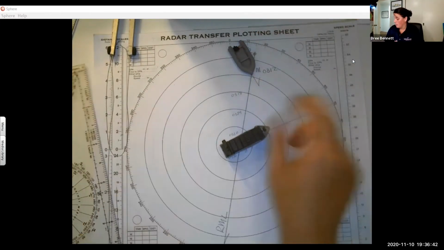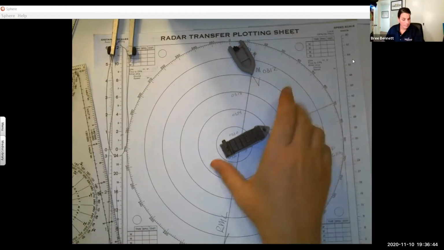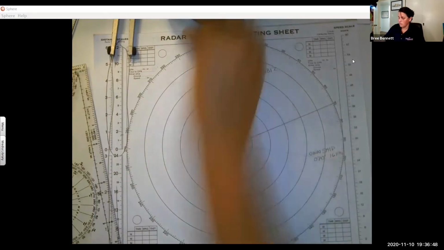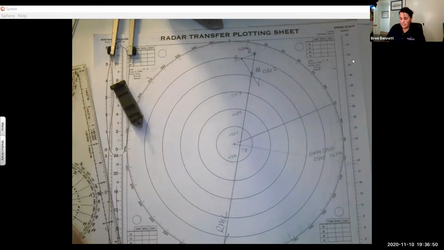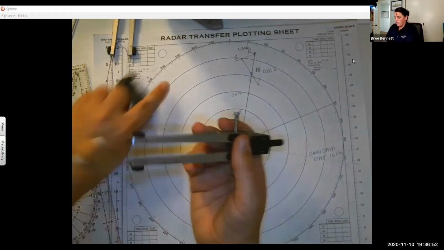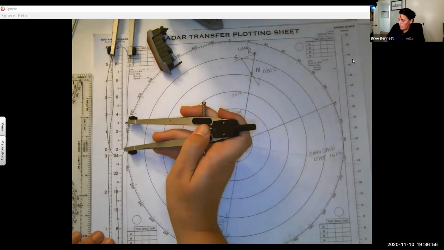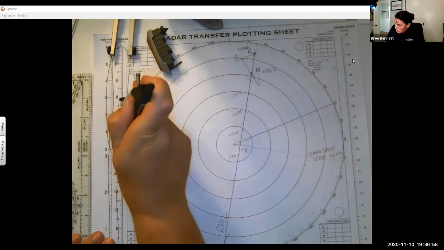Okay, they want us to change course to port. Okay, so those are our vessels. We have an MX of 5 nautical miles. So I am going to make a 5 nautical mile circle.